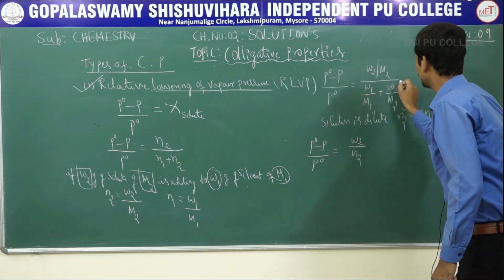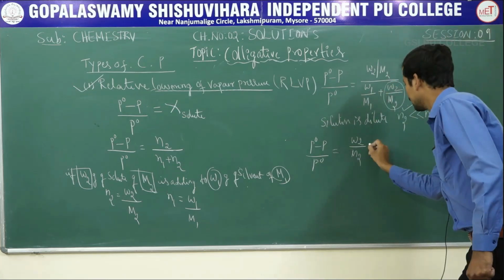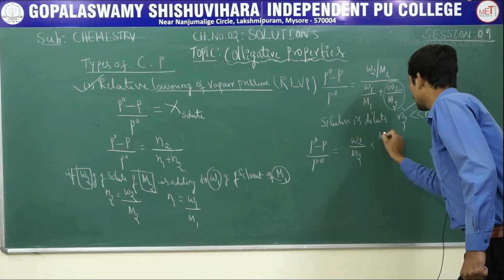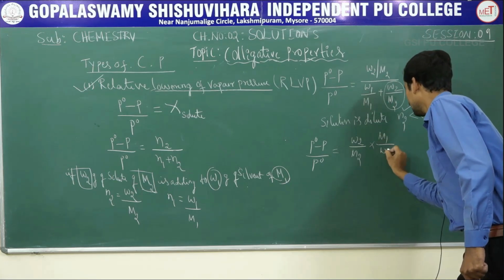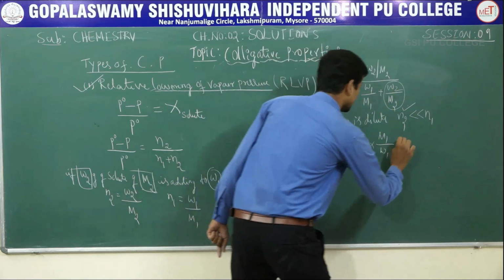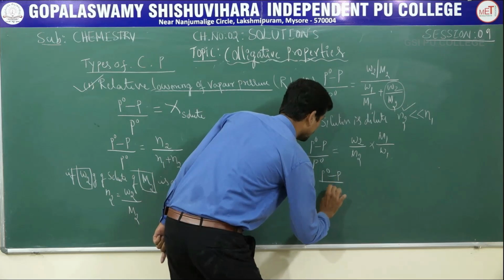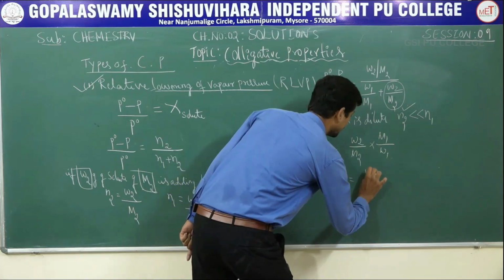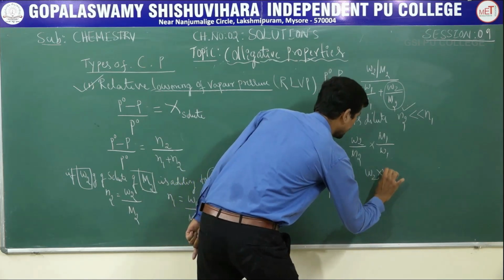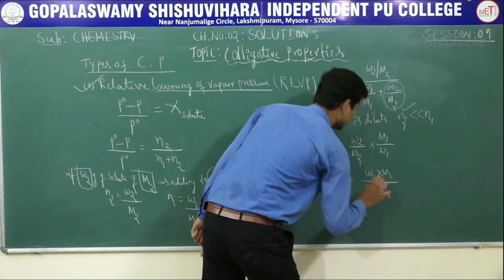Then this whole term becomes inverted, M1 divided by W1. Okay? This implies P naught minus P divided by P naught is equal to W2 into M1 divided by M2 into W1.